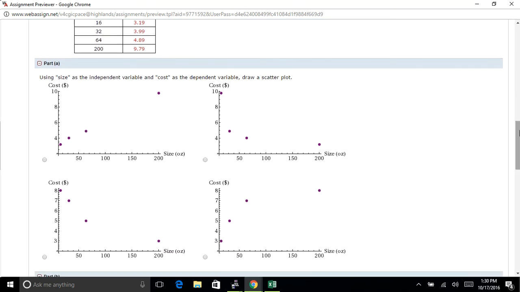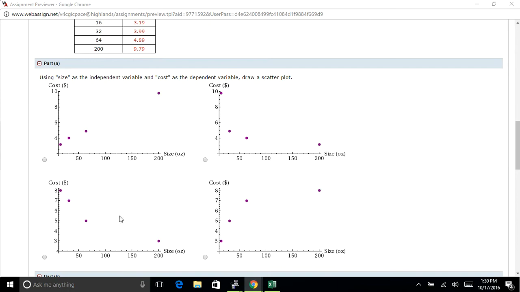Okay, so the first thing you want to do is go down here and look at the pictures. So I know it says that the size is the independent variable, which means it's the x variable, the x-axis. The cost is the dependent, which is the y-axis. So let's go ahead and look. And it looks like it has all the sizes on the X. But now we need to look at the cost.